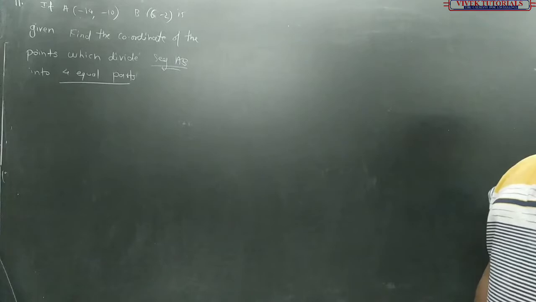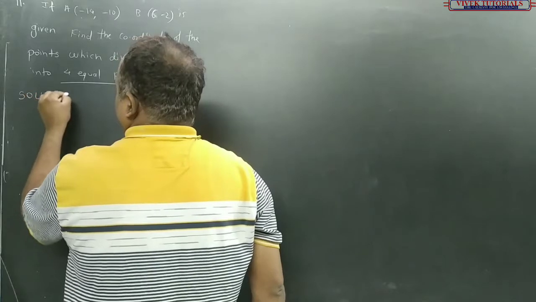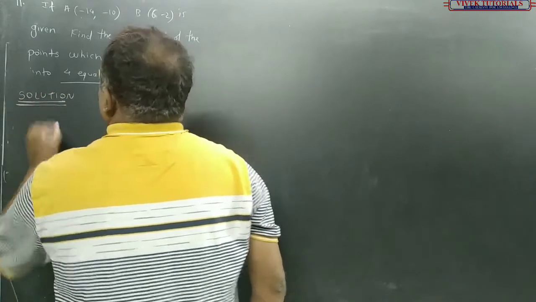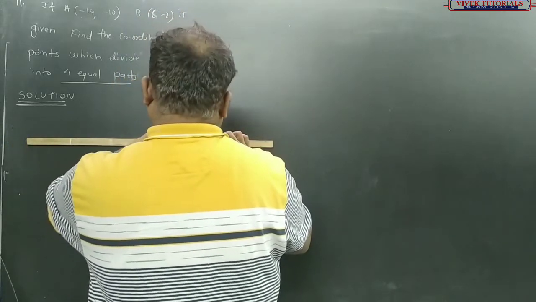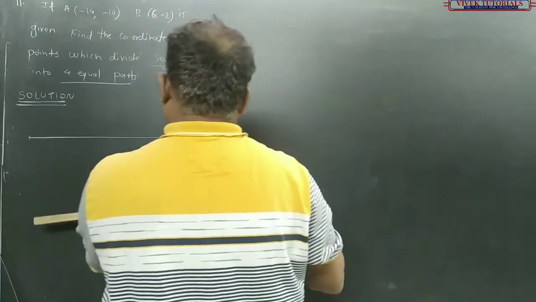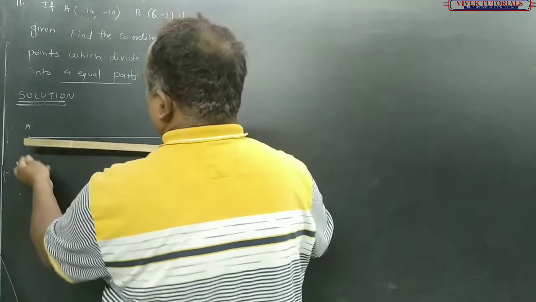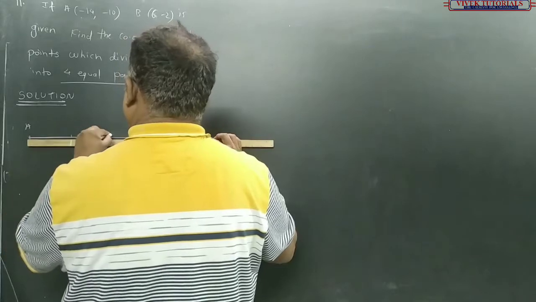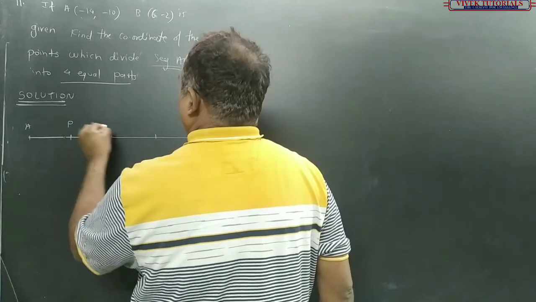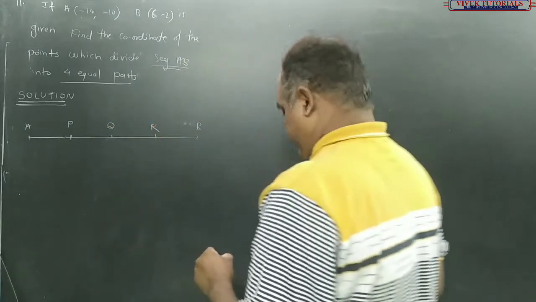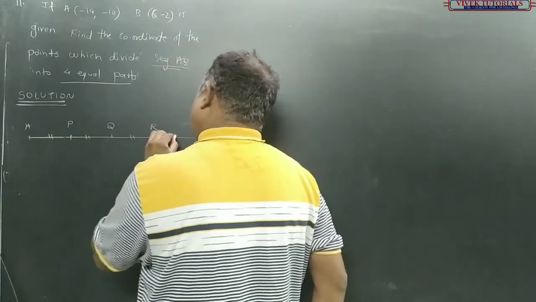For this, let us draw a diagram. So, solution: this is segment AB and it is divided into 4 equal parts by 3 points P, Q and R. All these 4 parts are equal.